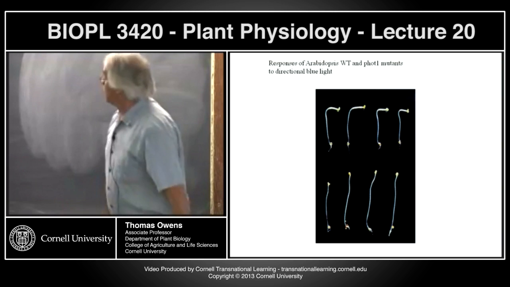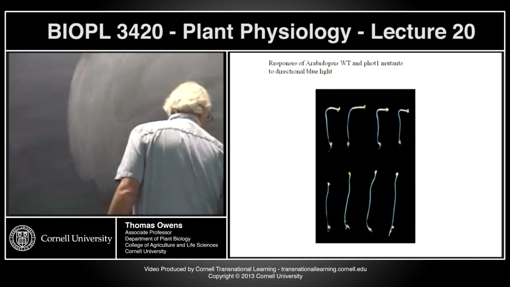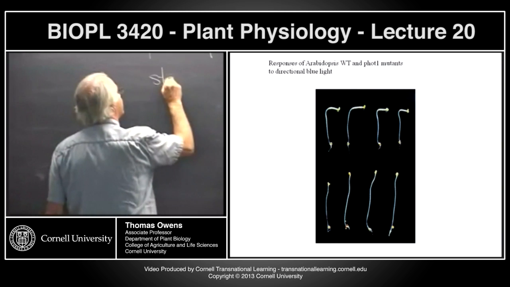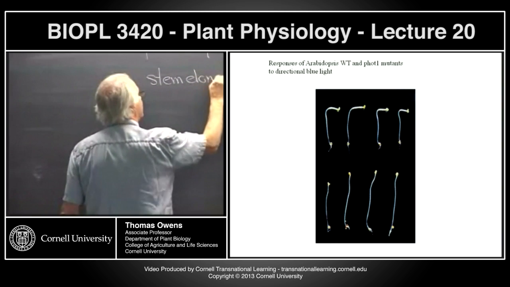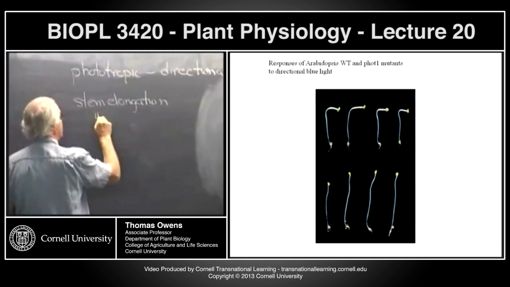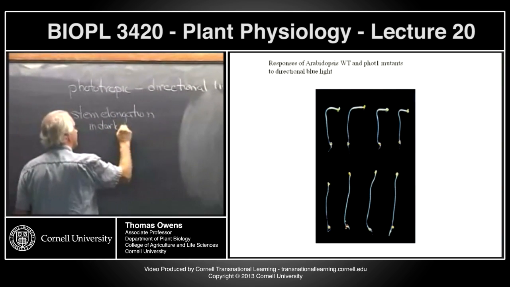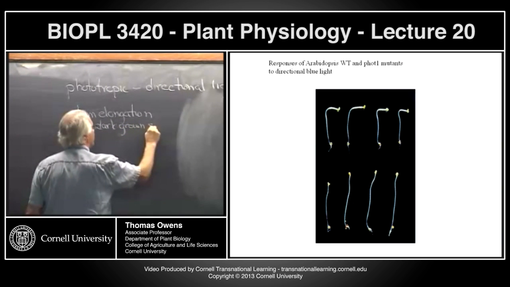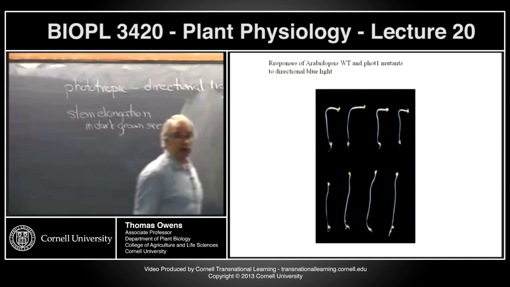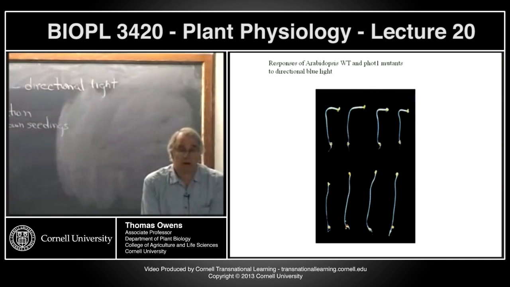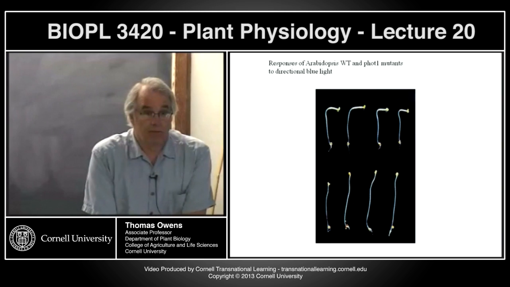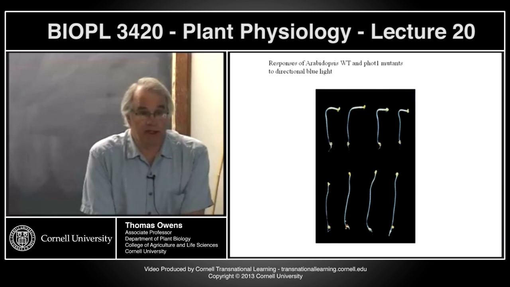Okay, the response to stem elongation, and this is only really in dark-grown seedlings. We talked about this as a Phytochrome response on Tuesday. Red light will relatively quickly slow down the stem elongation of dark-grown seedlings.